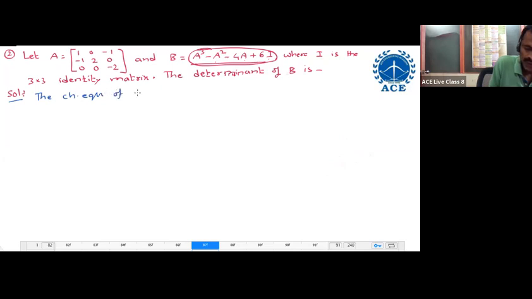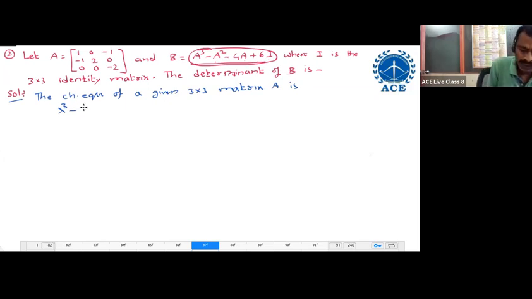The characteristic equation of the given 3 by 3 matrix A is lambda cube minus, already we know the direct formula for writing the characteristic equation of a 3 by 3 matrix, 2 by 2 matrix only.